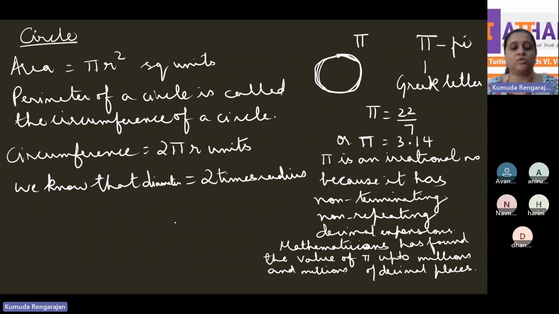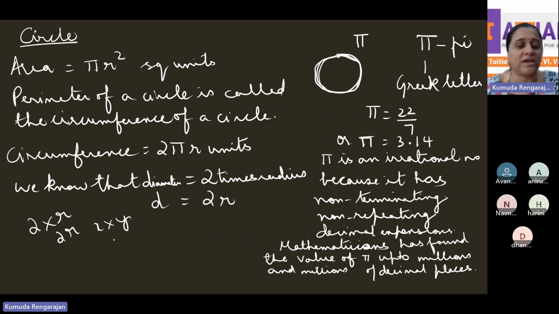Diameter of a circle is equal to 2 times radius. That is, d is equal to 2r. 2 into r is nothing but 2r.